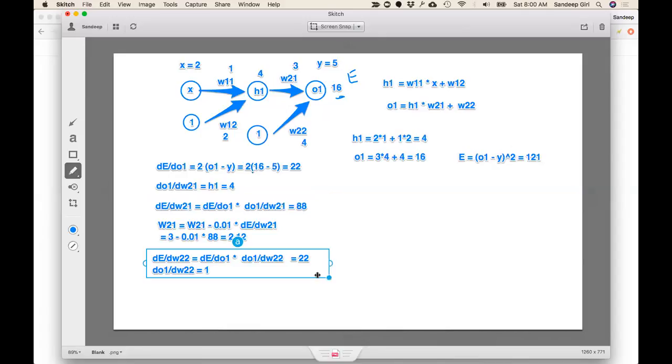So I hope everybody is clear about why this rate of change of O1 with respect to W21. Okay, good question. The question from Gigi is, how did we get one? So when we differentiate this equation, O1 equals H1 into W21 plus W22, with respect to the second weight, the other parts are considered constant, and therefore the differential of y equals x is 1, correct?